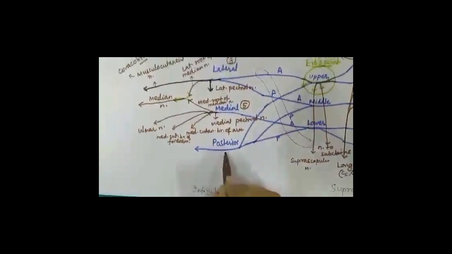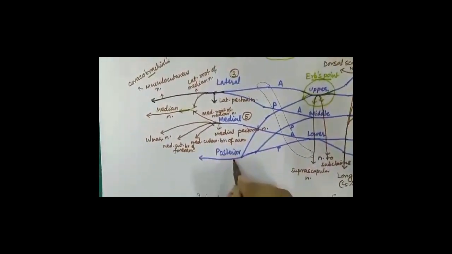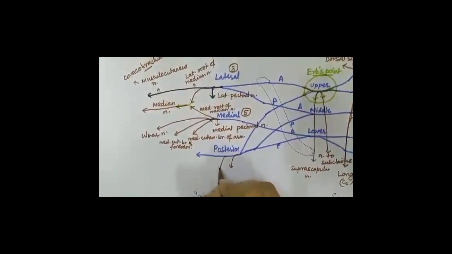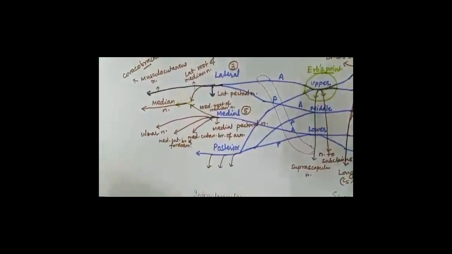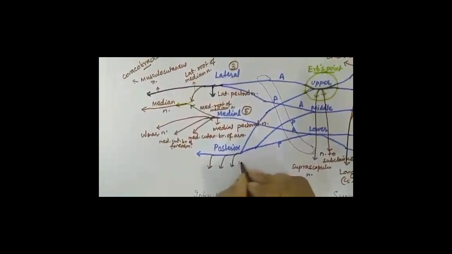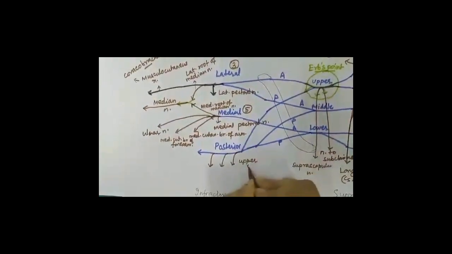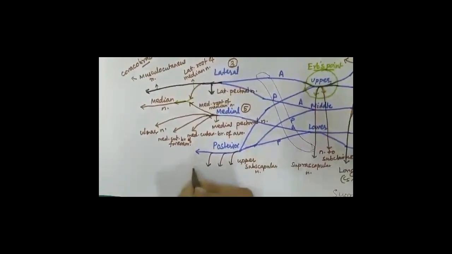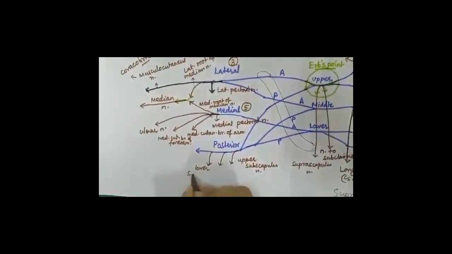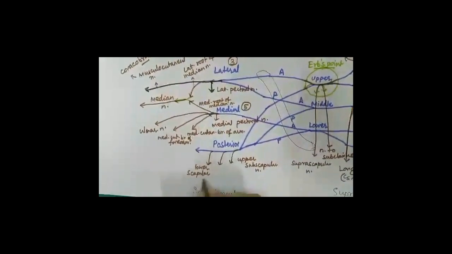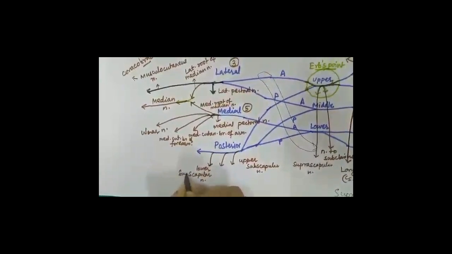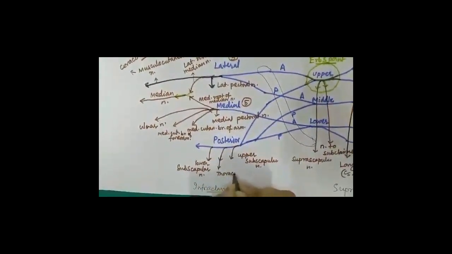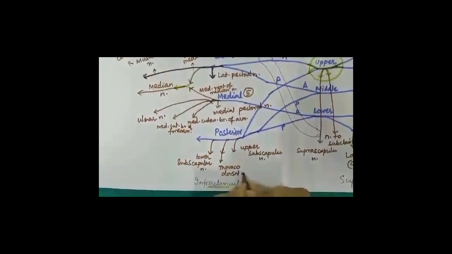The posterior cord gives the following branches. It will give 3 branches resting on the posterior wall of the axilla. The names are the upper subscapular nerve, the lower subscapular nerve, and in between the two there is the thoracodorsal nerve.